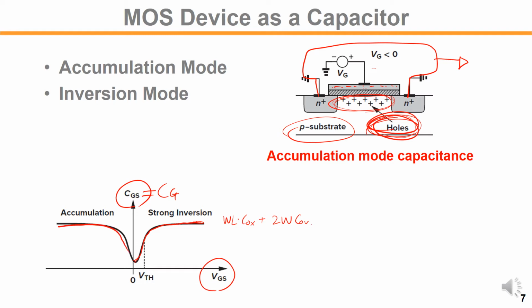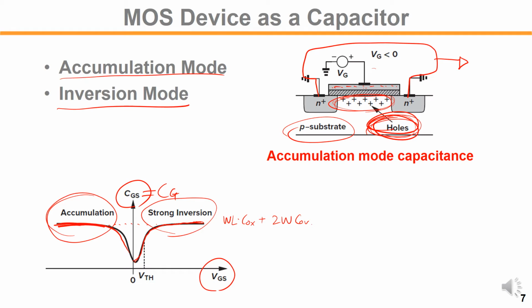As you have a larger negative voltage applied, you see a large capacitance, almost similar to the strong inversion capacitance. So in this mode, we say this is the accumulation mode capacitance. In strong inversion, we say this is the inversion mode capacitance.